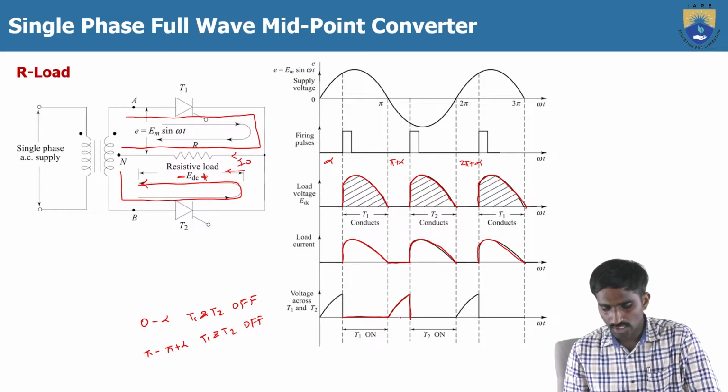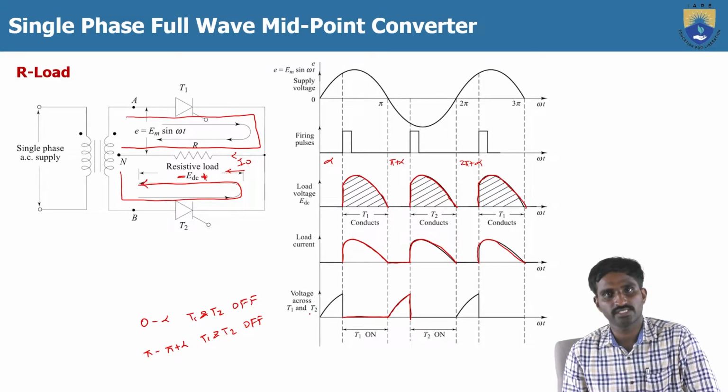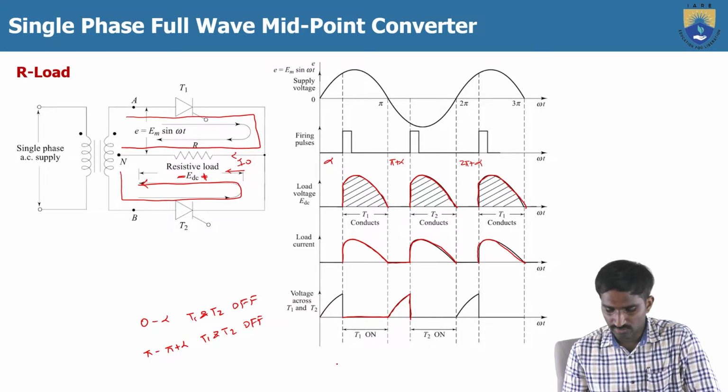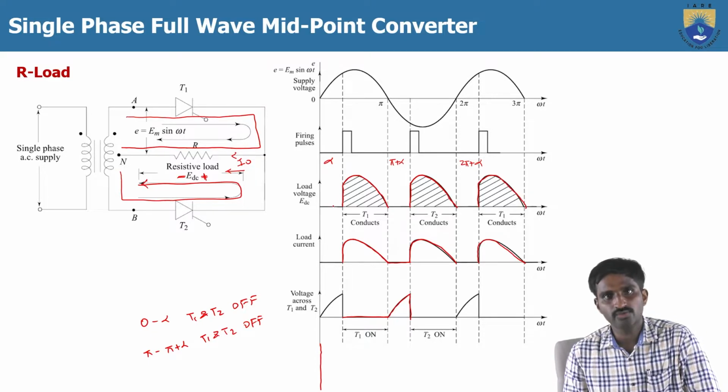This is how we can draw the waveform of the voltage across the thyristors T1 and T2, and we can also draw them individually, the voltage across the thyristor T1 and the voltage across the thyristor T2.